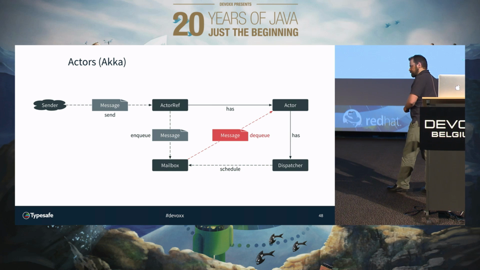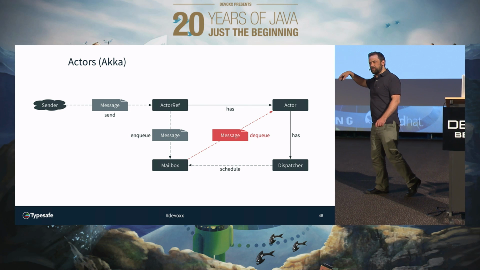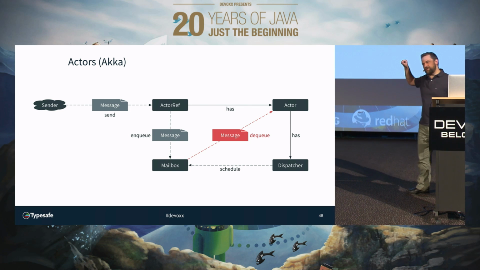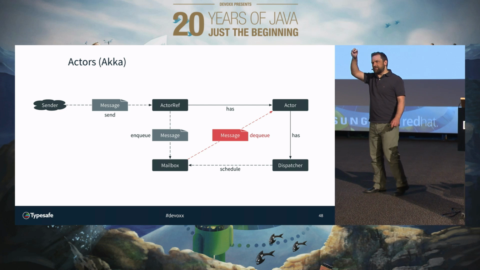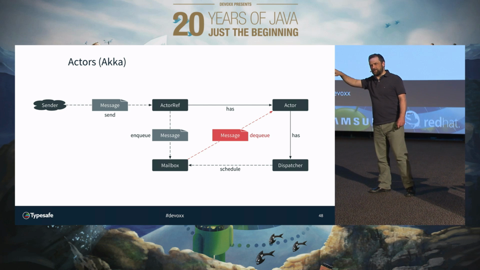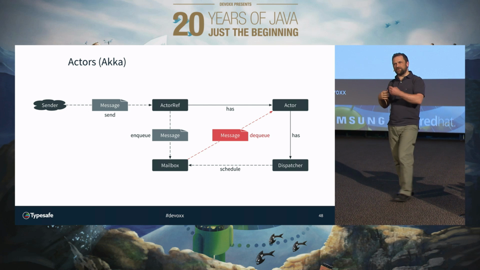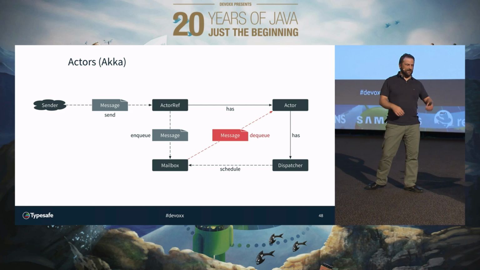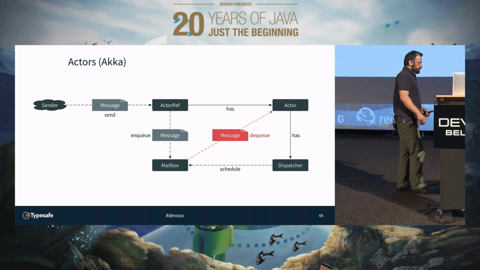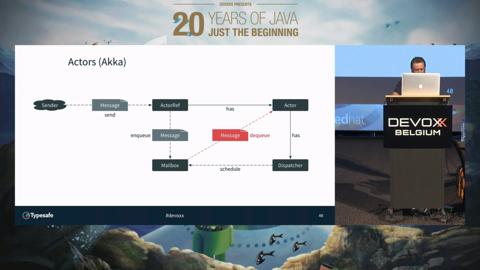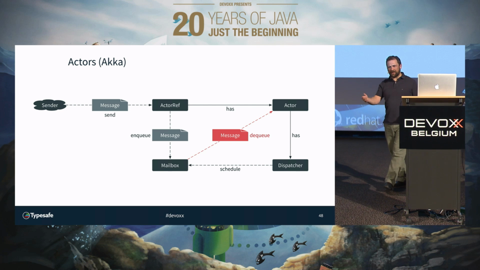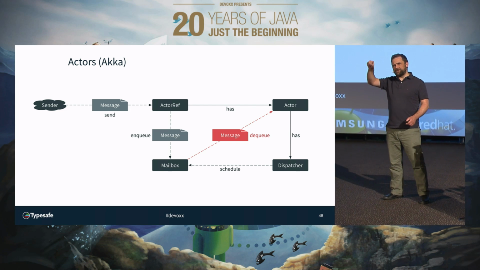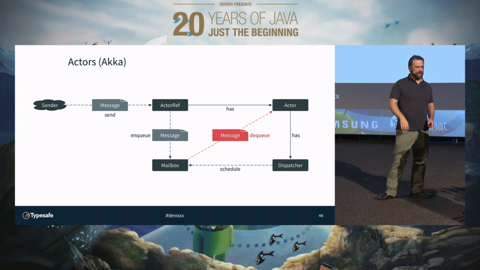Then there's a so-called dispatcher, which is a thread pool, the manager of the mailbox, if you will. This dispatcher will be notified when something is in the mailbox. It will dequeue the message from the mailbox and invoke the actor. So again, a bit like with channels or with events, this asynchronous messaging is a principle that has some universal appeal. You put something in the mailbox, you're done, and another thread from another thread pool or from wherever will pick up the message, invoke the actor, and work on that.